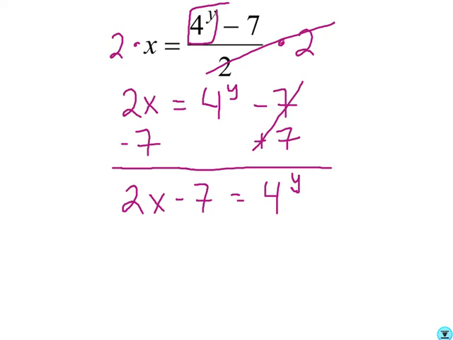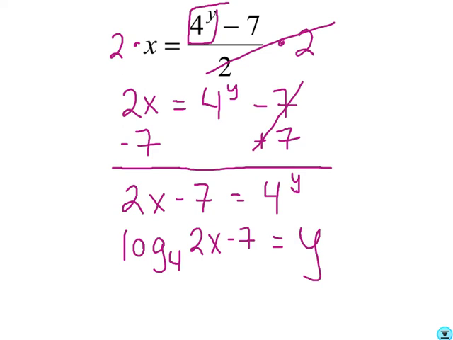So remember, exponents are beautiful, so base, exponent, and your argument. And logs are base, argument, and then your exponent. So that's how we're going to get y out of the power. So we're going to start with log base 4 of our argument 2x minus 7 is equal to our exponent, which is y.